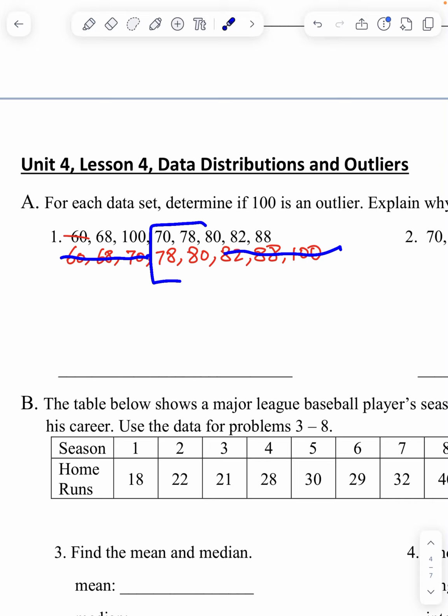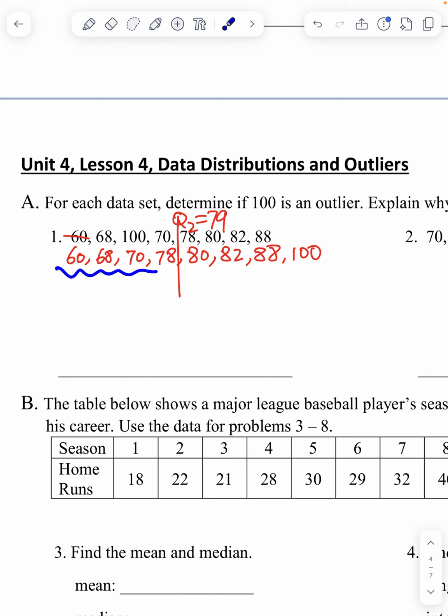We have 2 in the middle. So 78 and 80. The number in between them is 79. So 79 is the median, which is Q2. Q2 is 79. Now I need to figure out the Q1.